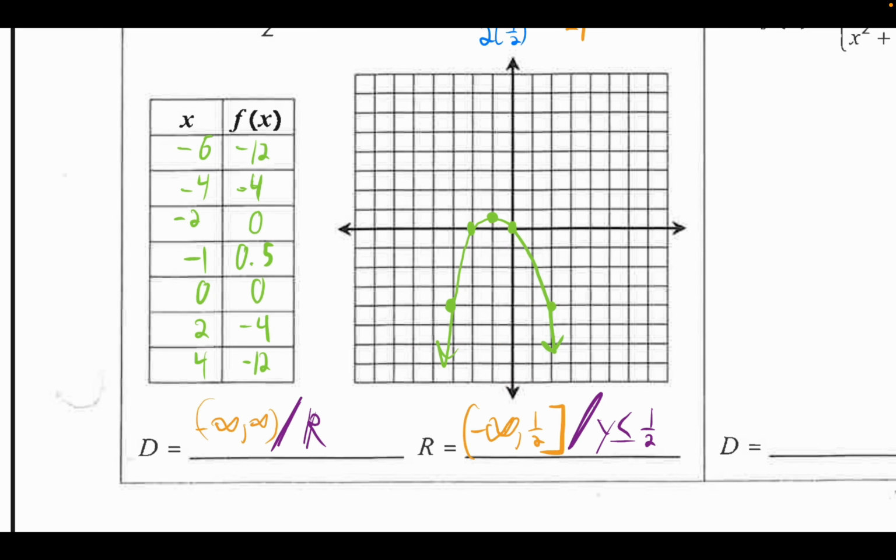Now if you were to have made the other points, you'd have gotten like -3, compared to making an XY table here, -3, which was -1.5, -1, which is 0. We did -1, my apologies. And then +1, which is also -1.5. So those would have been some different changes there you would have had for just those two being in.